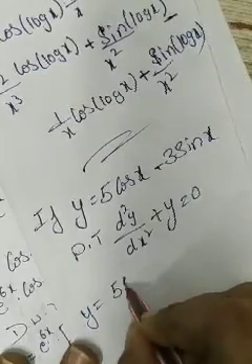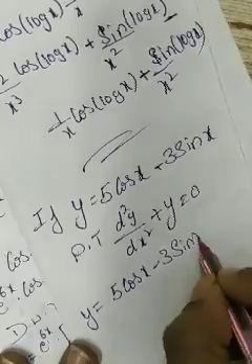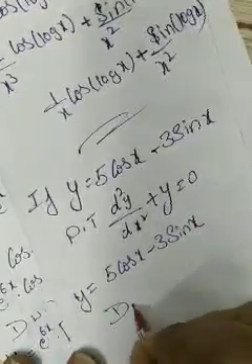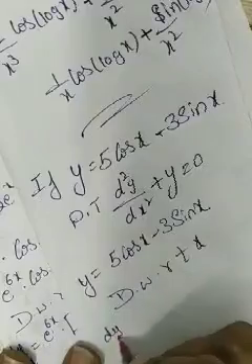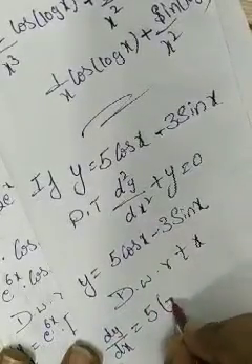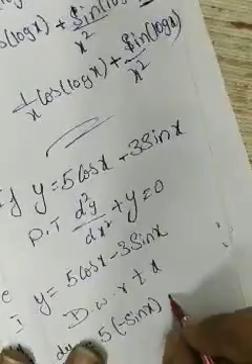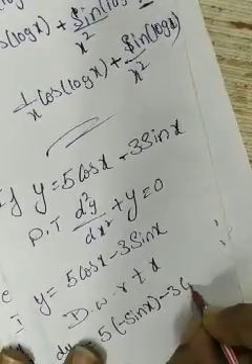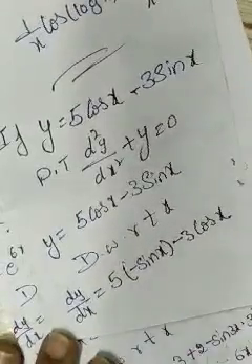Y is equal to 5 cos x minus 3 sin x. Differentiate with respect to x. So dy by dx is equal to 5 into, what is cos x derivative? Minus sin x. Minus 3 into sin x derivative, cos x.